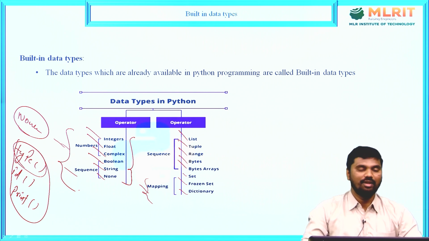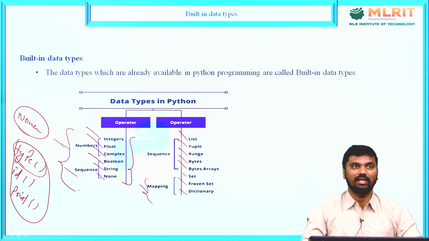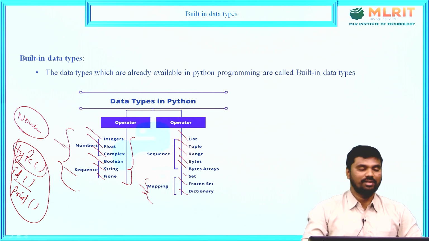That means which data type is assigned to the variable by the Python interpreter at runtime. We discussed this concept in the last video. Next, by using the id function, we get the address of the object or the address of the variable. Next, the print function just prints the value of the variable.